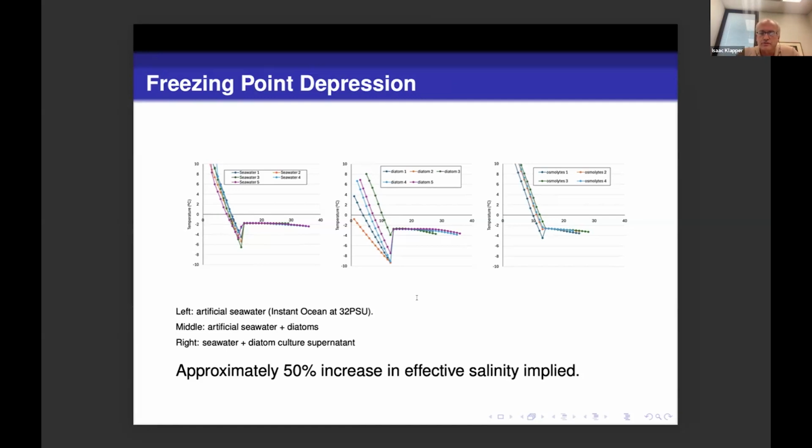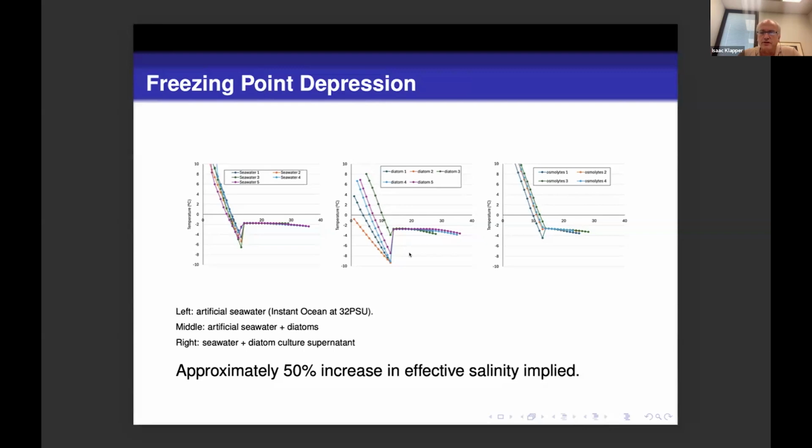They're growing this diatom in their refrigerator at close to freezing, and they took some of that and put that in and did the same thing. And so we get the supercooling, and then freezing occurs at a little bit more than -3 degrees. So approximately a 50% decrease in the freezing point temperature.